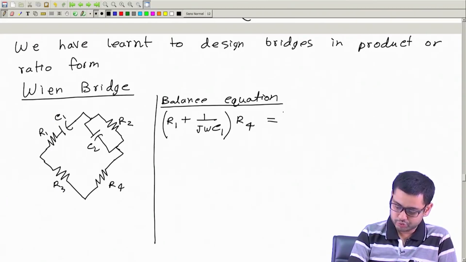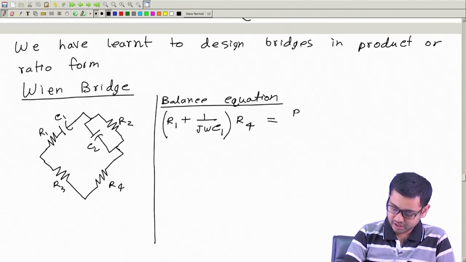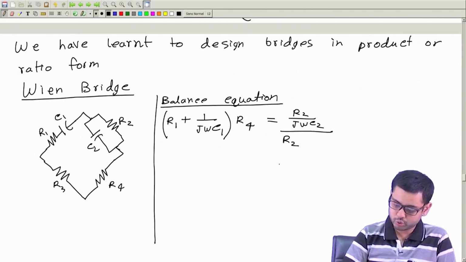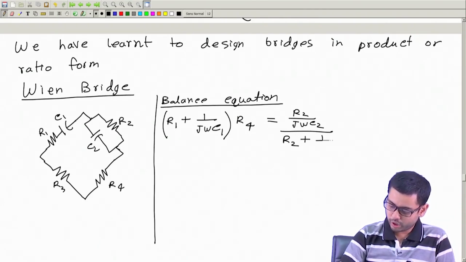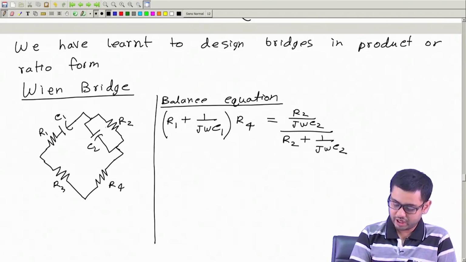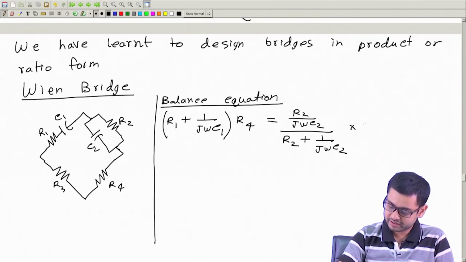Now, Z2 will be parallel combination of this two. So, that means R2 by j omega C2 divided by R2 plus 1 over j omega C2. This is the parallel combination of R2 and C2 whole multiplied by R3.